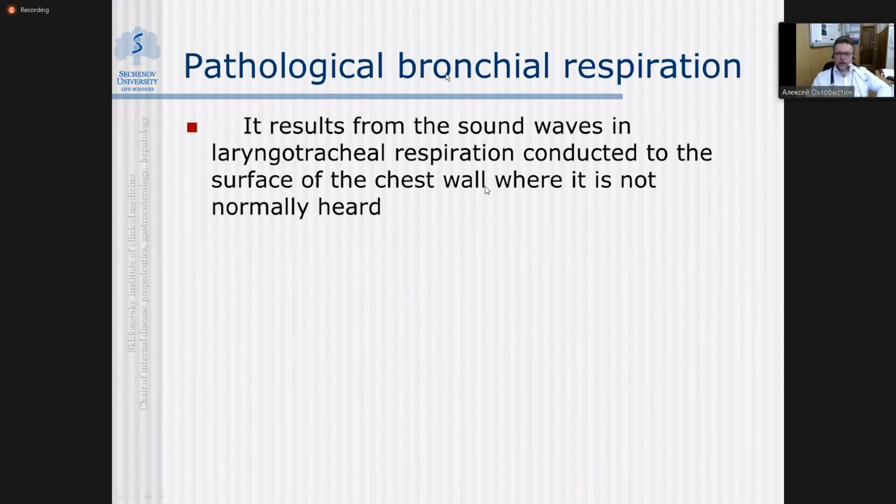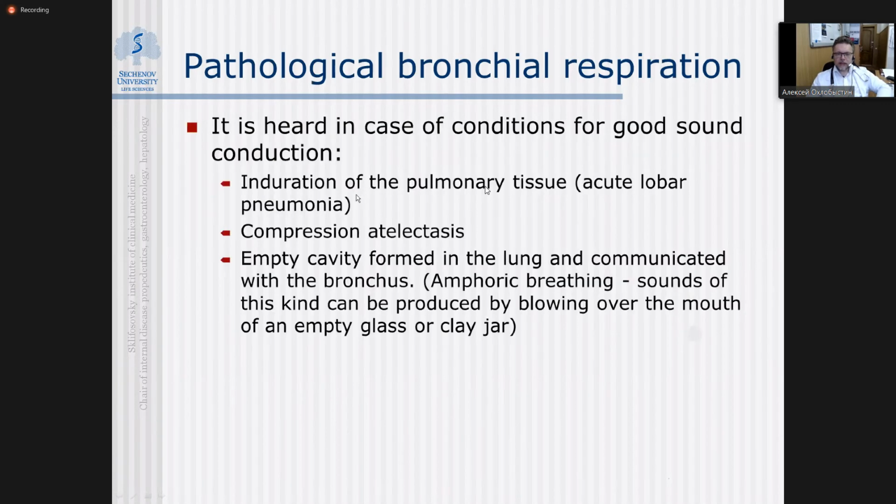Pathological bronchial breathing, pathological bronchial respiration. What does pathological mean? There is only one point that differs pathological bronchial respiration from normal bronchial respiration. That is location. If bronchial breathing is heard not only over the trachea and its bifurcation, but somewhere else, that is pathological. And therefore, it means that your patient has consolidation disease.